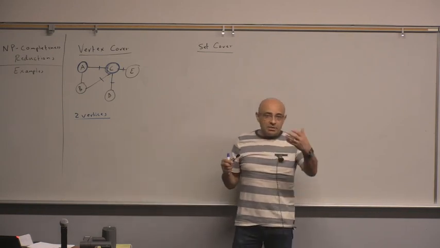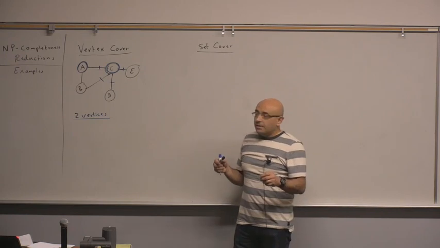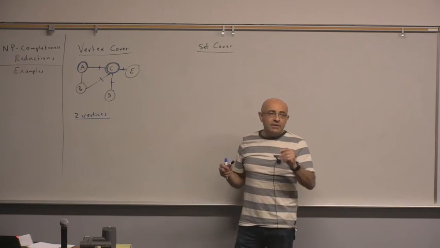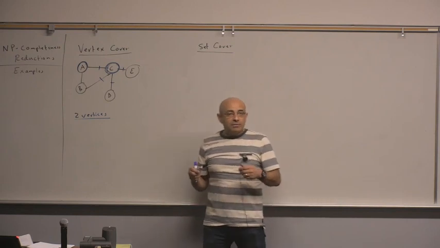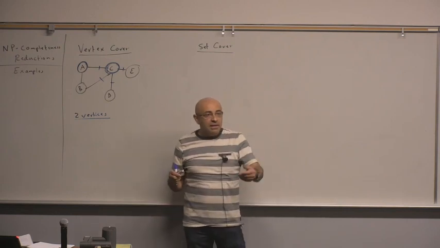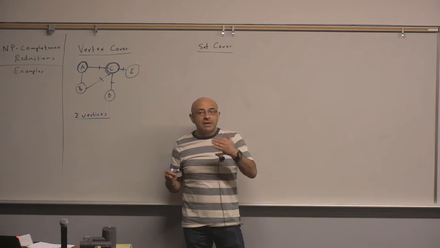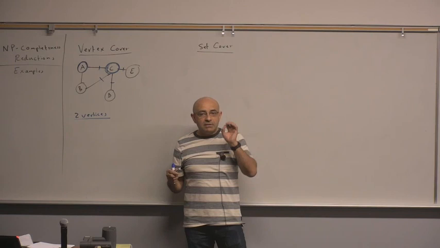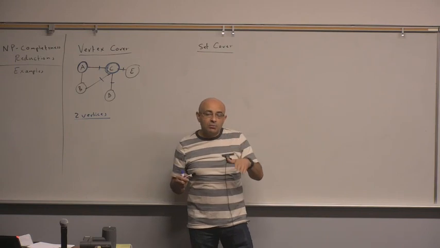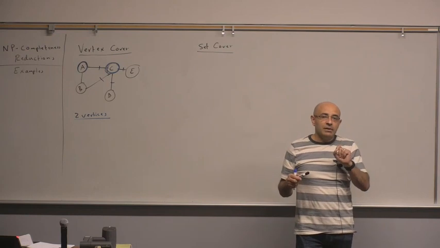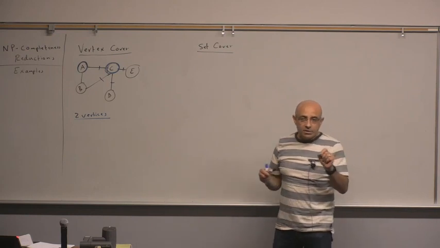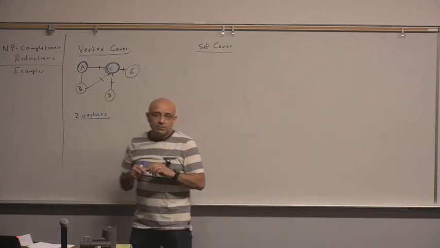Then the decision version of the problem is that the number of vertices has to meet a certain target. So we're given a graph and a certain target T, and the decision problem is deciding whether we can cover all edges using T vertices or less, or whether T vertices are sufficient for covering all edges. So that's the decision version of the problem. We wrote it last time.